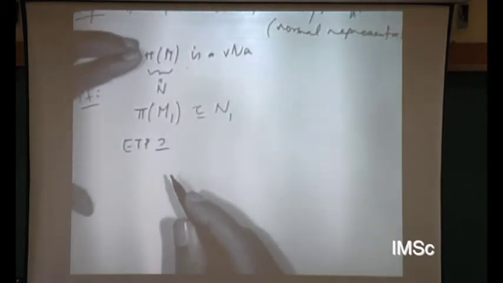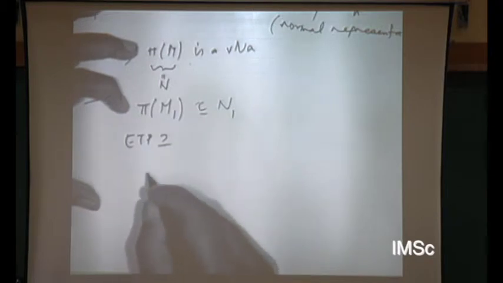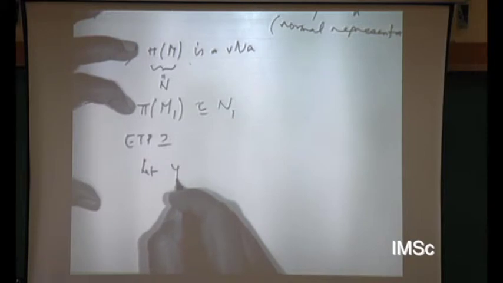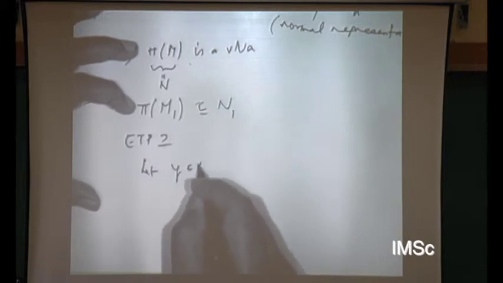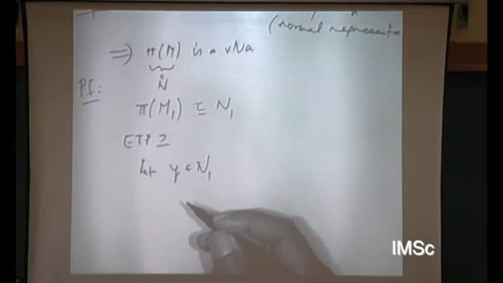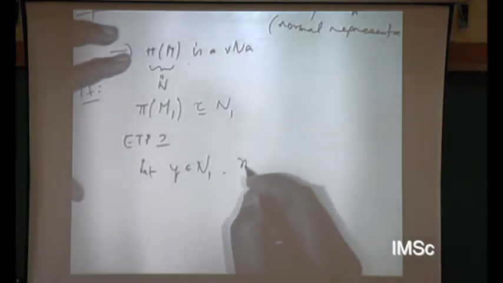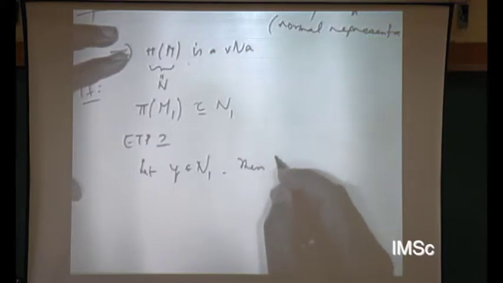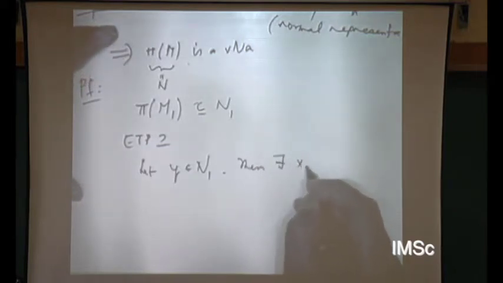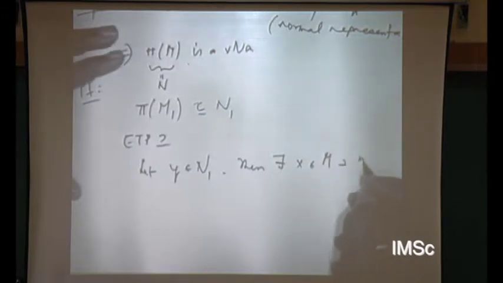Okay, so what do we do? Let y be in the unit ball of N. Then by definition there exists an x in M so that y is pi(x).